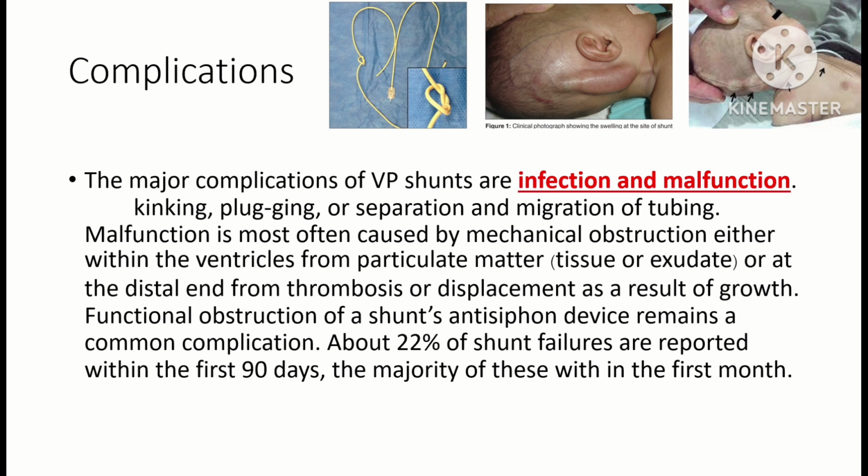Malfunction is most often caused by mechanical obstruction, either within the ventricle from particulate matter or at the distal end from thrombosis or displacement as a result of growth. Functional obstructions of a shunt and siphon device remain a common complication. About 22% of shunt failures are reported within the first 90 days, the majority of these in the first month.